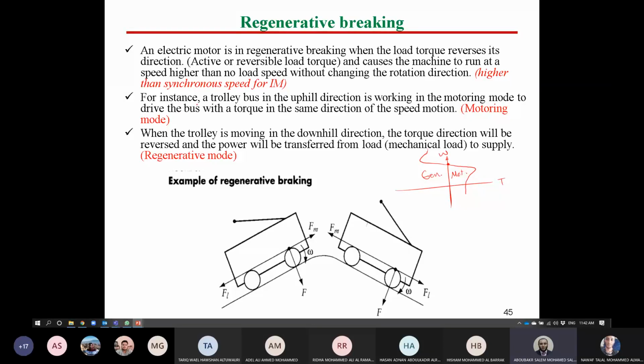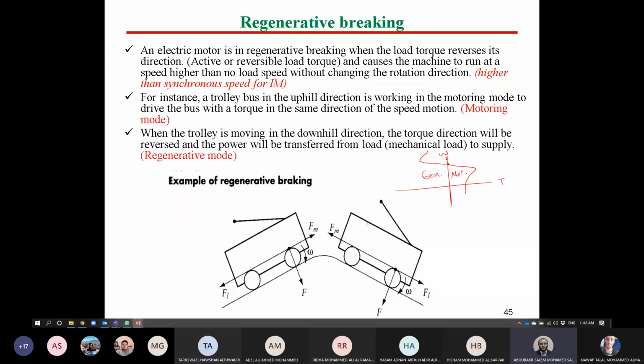For instance, a trolley bus, this example. If we have a trolley bus like that, in the uphill direction it is working in the motoring mode. Now, as you can see, we have motors here. These motors will make force to move the trolley bus in that direction.